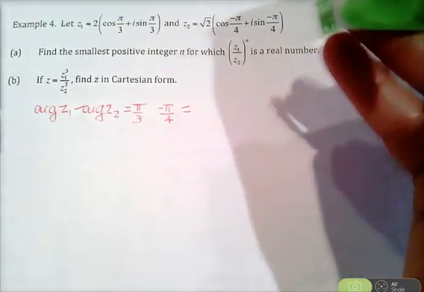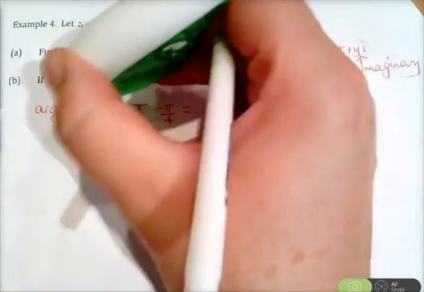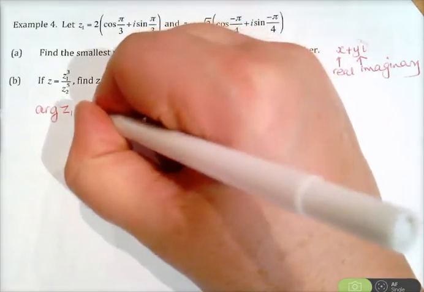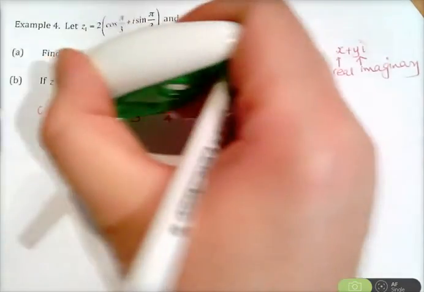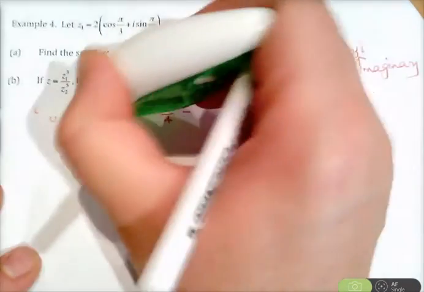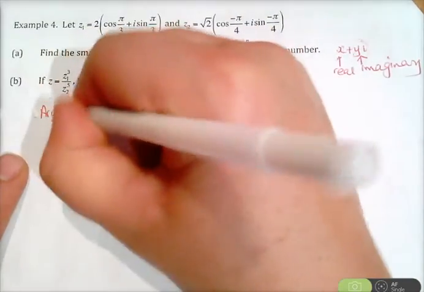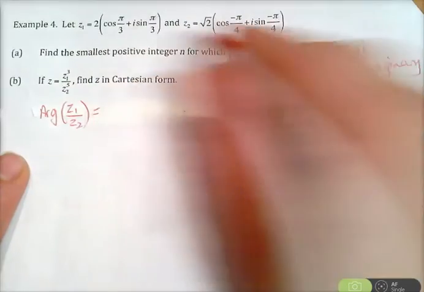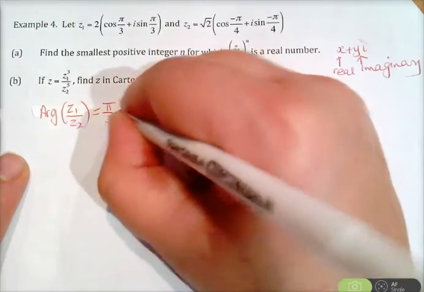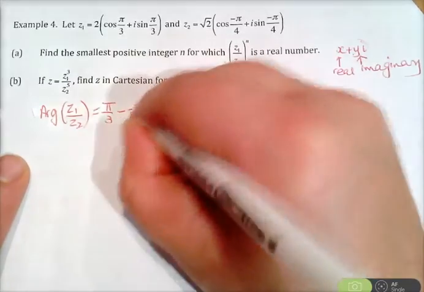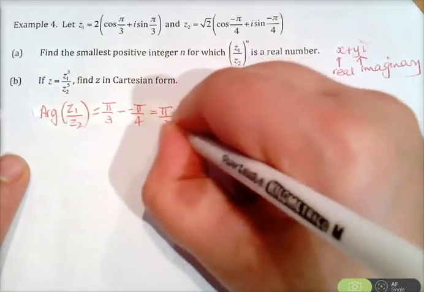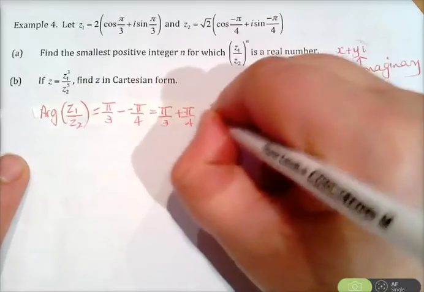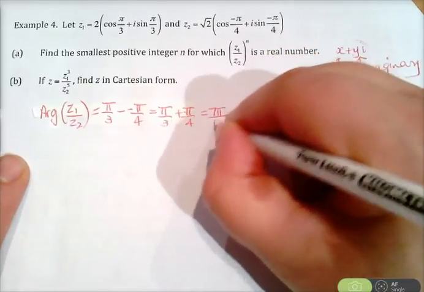To do the argument for Z1 over Z2, well, I'll just do that here. Sorry about this, I'll just rub that off. The way we do that is we subtract the arguments. So it'd be pi on 3 minus negative pi on 4, which is pi on 3 plus pi on 4, which would be 7 pi on 12.